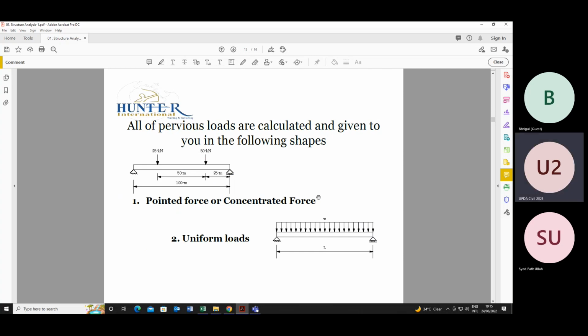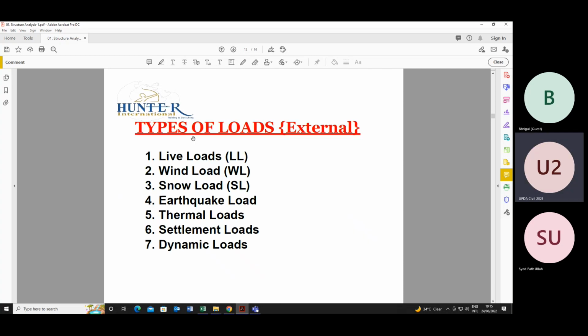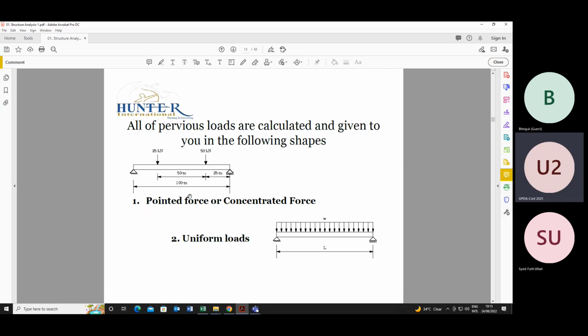All of the previous loads are calculated and given to you in the following shapes. In structural analysis, basically it will be given in shapes like 25 and 50. These are the total combination of all the loads which we read before this slide. So it will be shown like this as a summation of all the loads at various points.